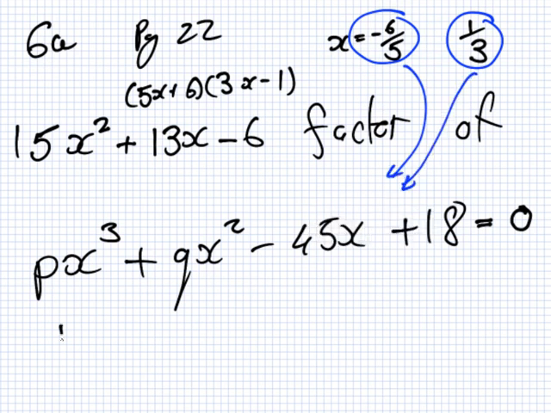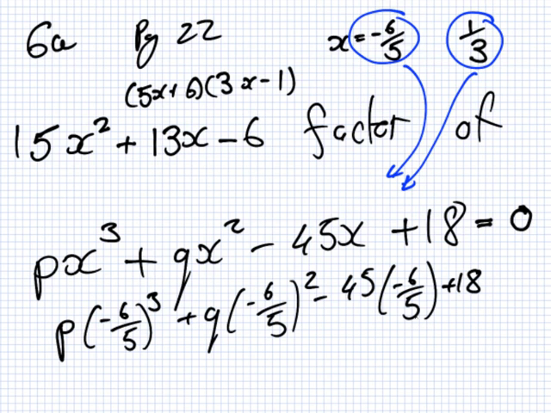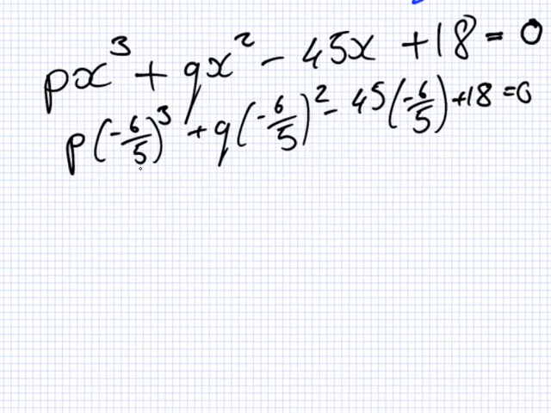So the first one, p minus 6 over 5 cubed plus q minus 6 over 5 squared minus 45 minus 6 over 5 plus 18 equals 0. Yeah? Did I get that all right? I think so. Okay. Right, so let's clean this up a little bit.